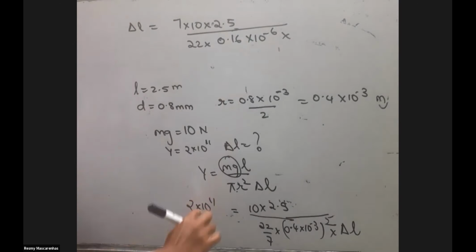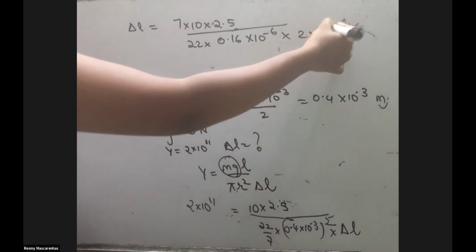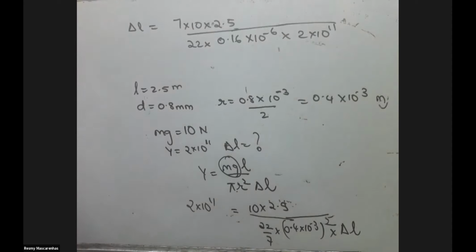This will have brought down to 2 into 10 raised to 9. So numerator will be 70 into 2.5.